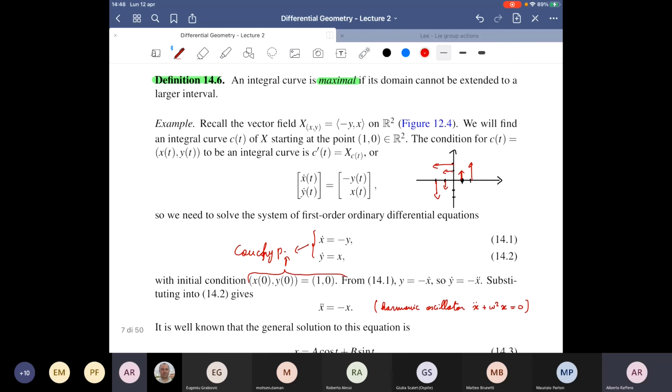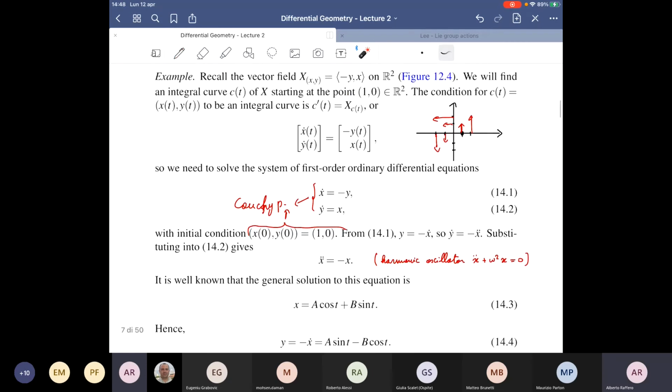And here you can use some standard results of analysis. First of all, notice that as y equals minus the time derivative of x, by differentiating you get that the time derivative of y is minus the second derivative of x.